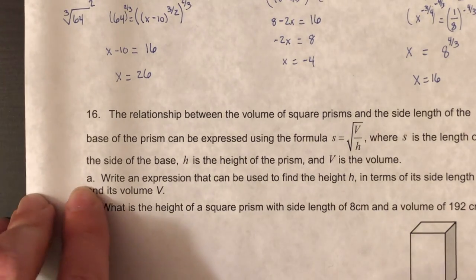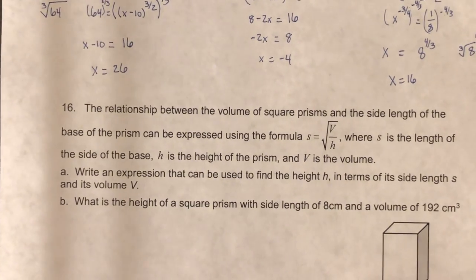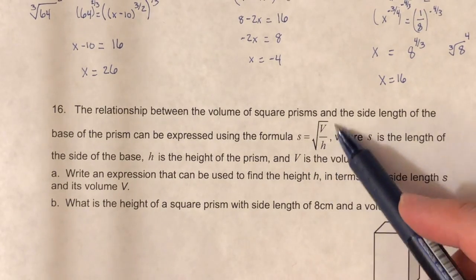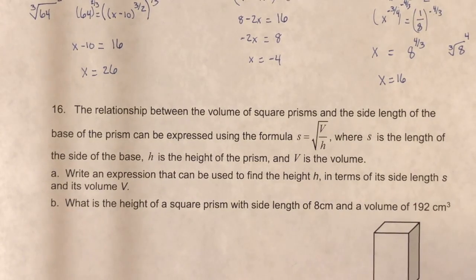Part A wants us to write an expression that we could find the height if we knew the side length and the volume. So it's wanting us to rewrite this equation having solved it for H.